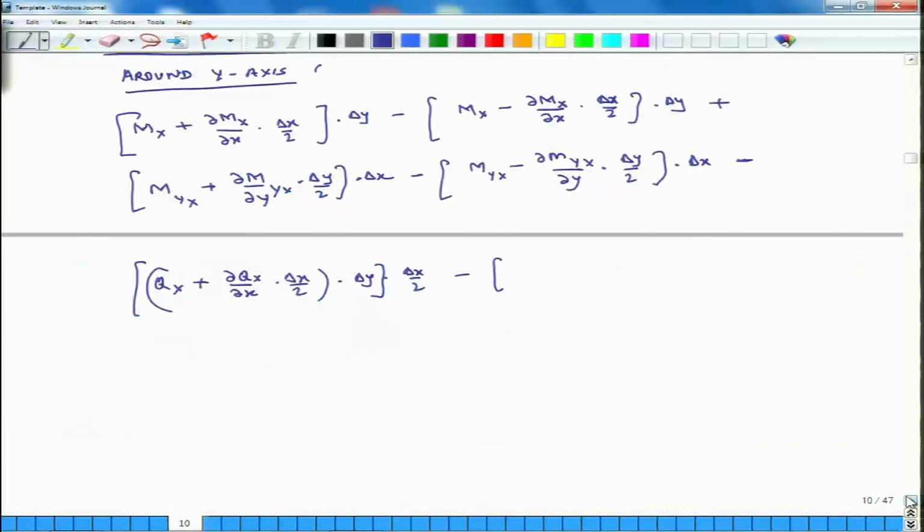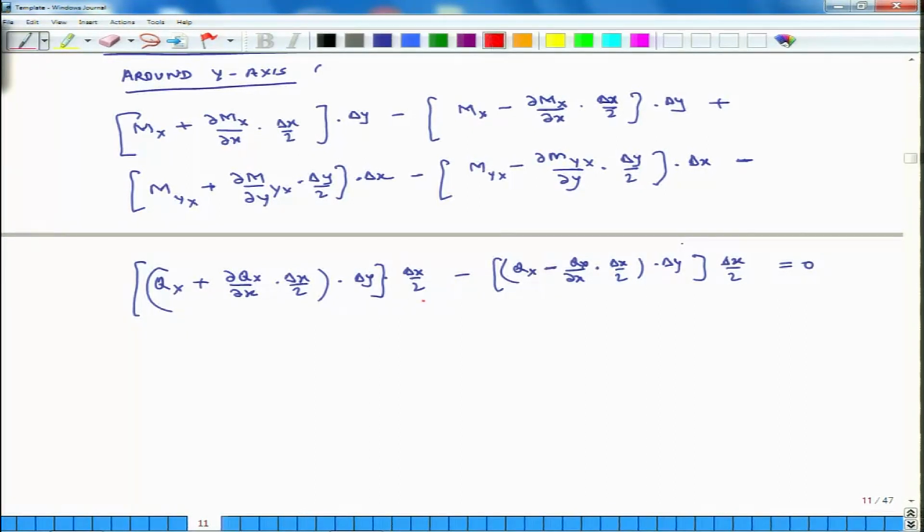So, this is qx plus del qx over del x times delta x over 2, times delta y, times delta x by 2, and this is equal to 0. Yes, there has to be a negative sign here.